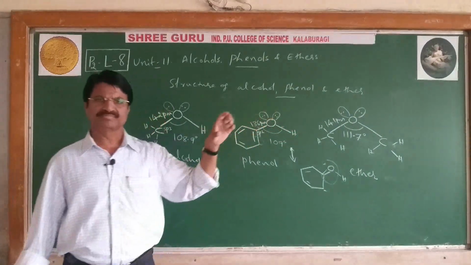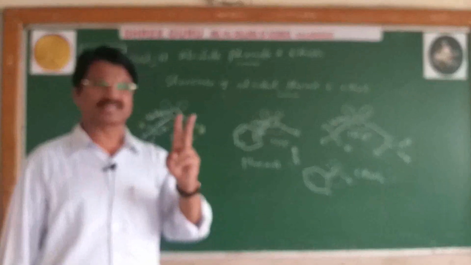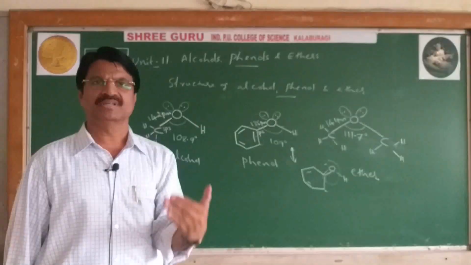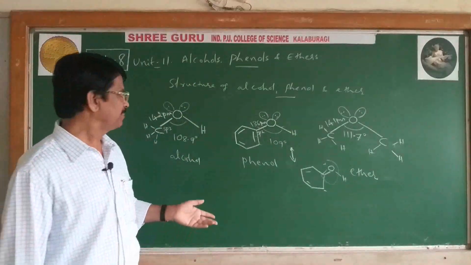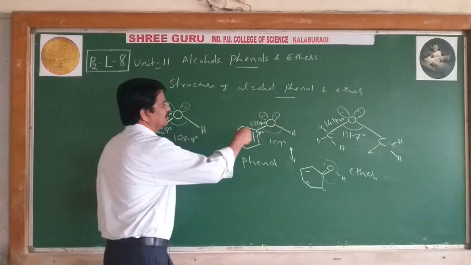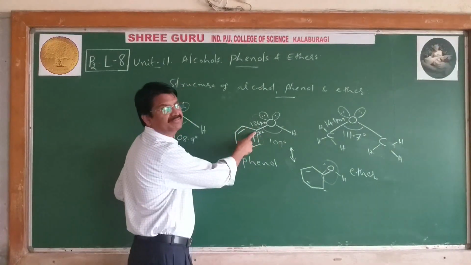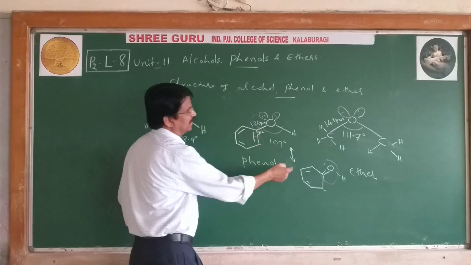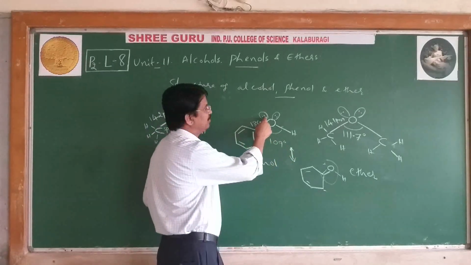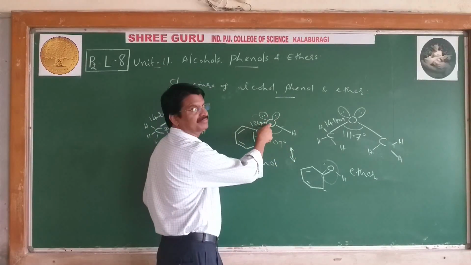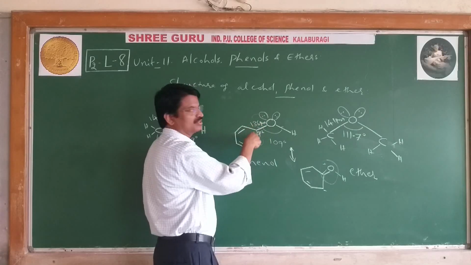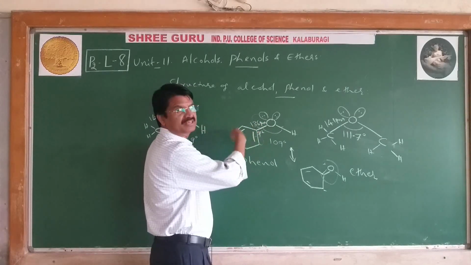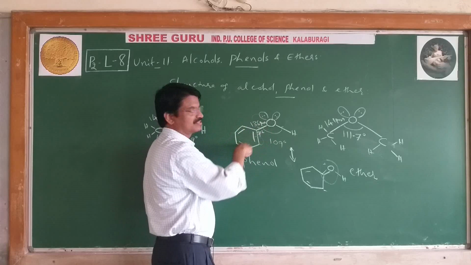Questions with 'it is due to' are objective type. 'Why' means it is in theory paper. Yes, you have to write the answer. In phenol, the lone pair of electrons on oxygen undergoes delocalization with pi electrons of benzene ring and undergoes resonance.